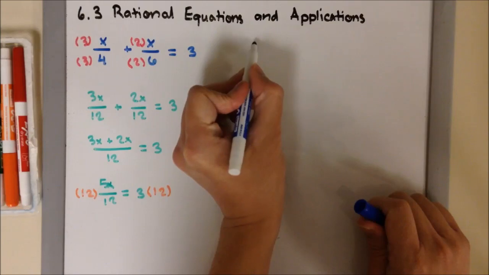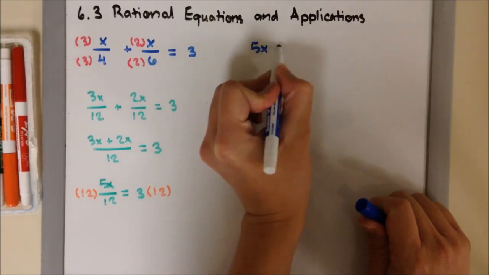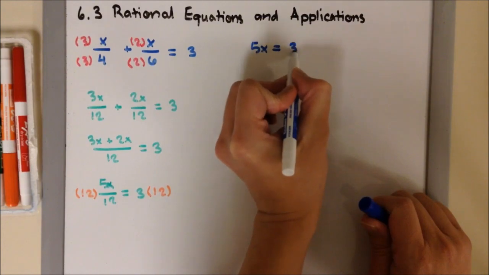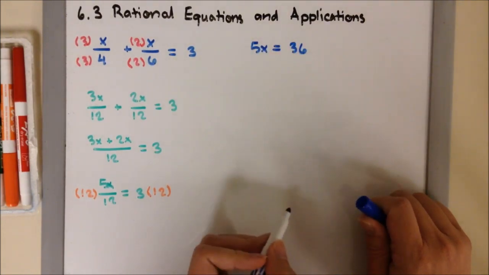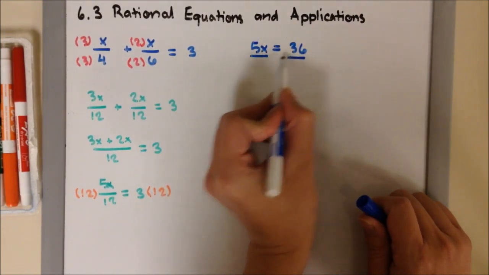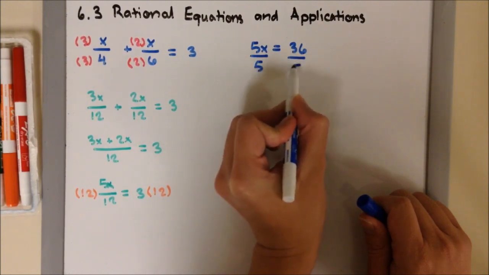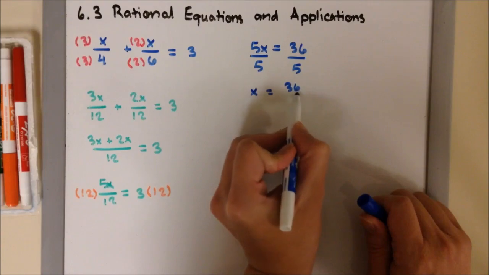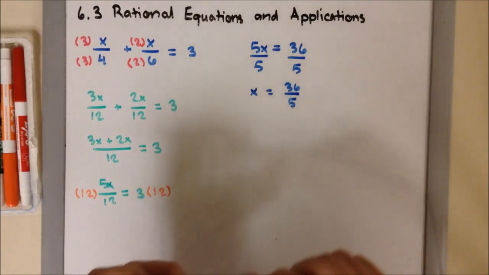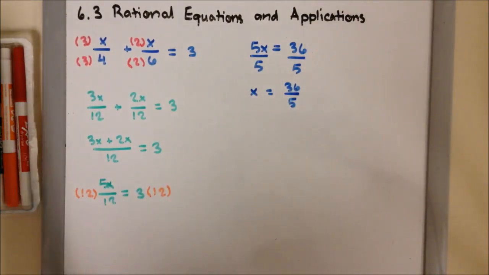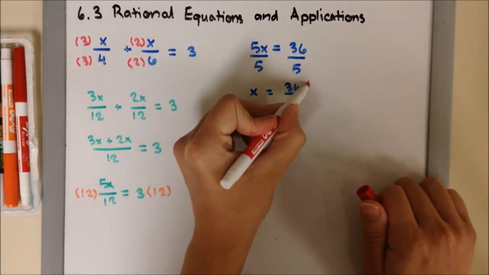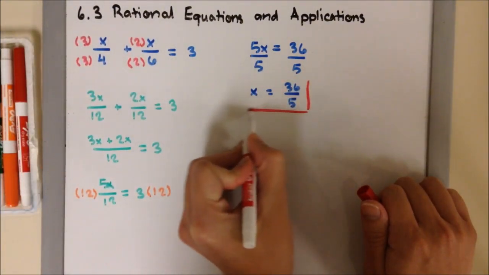So 5x equals 3 times 12, which is 36. Then, to solve for x, I divide by 5. x equals 36 over 5. Since we have a denominator in our fraction, this is our final answer.